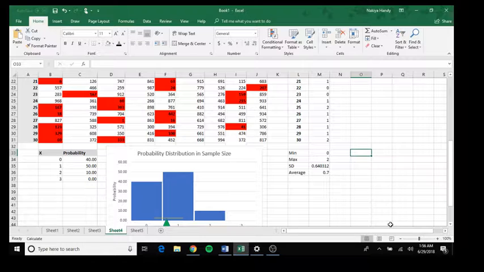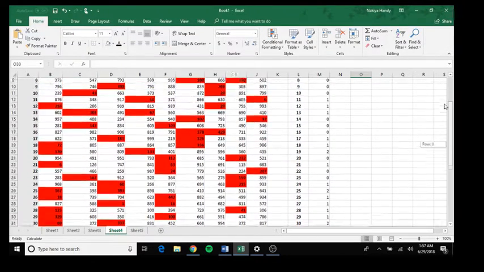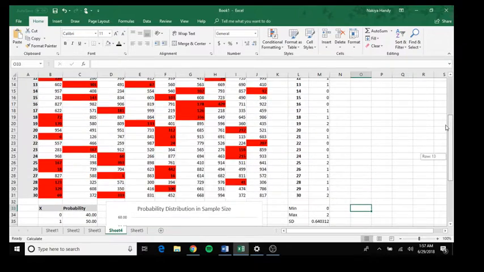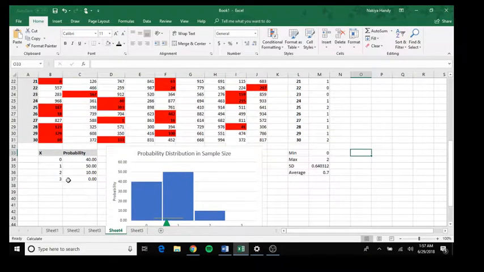So down here, this is my X and my probability. So the amount of outcomes that I had for 0 was 40%. The number of outcomes that I had for 1 was 50%. The number of outcomes I had for 2 was 10%. And 3 is my number so that my histogram can look fine.